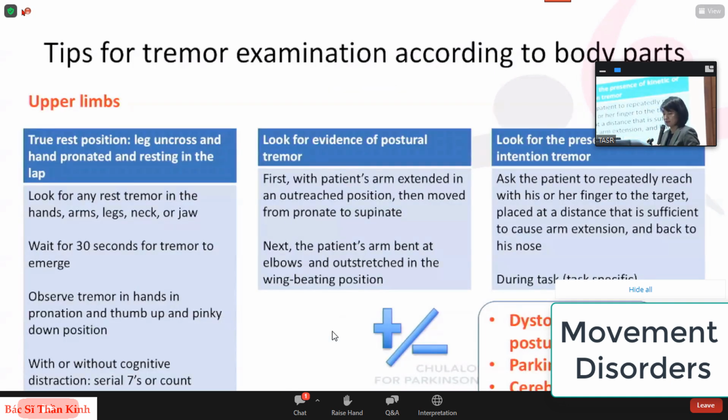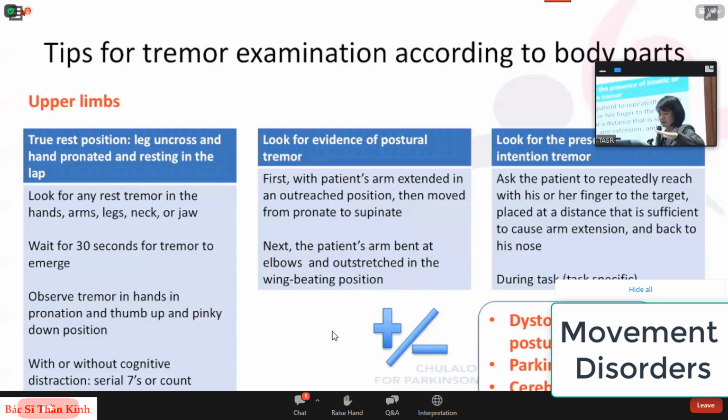And a little bit of tips for tremor examination according to the body part. For the rest tremor, I already talked about it in the morning. And the second is for the postural. First, you ask the patient to extend the arms in the outreach position, in pronation, and then ask them for supination.